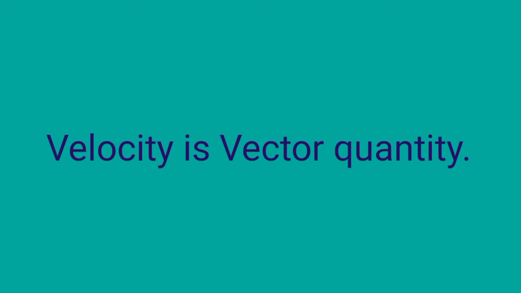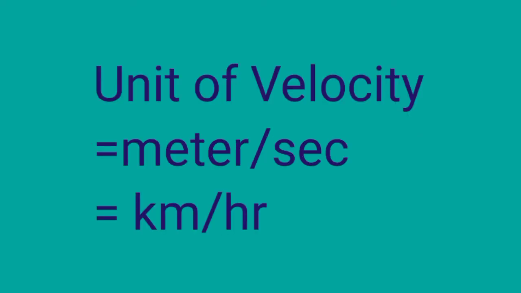Due to this, velocity is a vector quantity. The unit of the velocity is meter per second or kilometer per hour. If we tell the distance, displacement in meter and time in second, then we need meter per second. And if we tell the displacement in kilometer and time in hour, then the unit will be kilometer per hour.